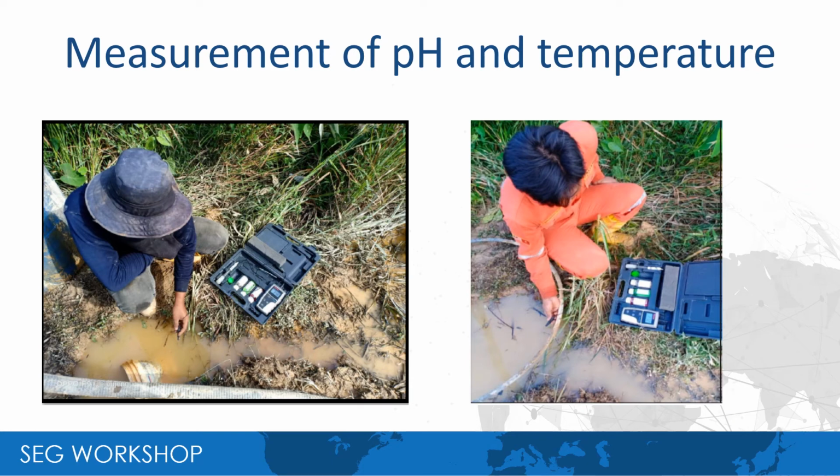and then these are 2 photos that we try to share with everyone about pH and temperature measurement on site. We don't have specific equipment to lower the cable down into the borehole well to measure temperature and pH more accurately.